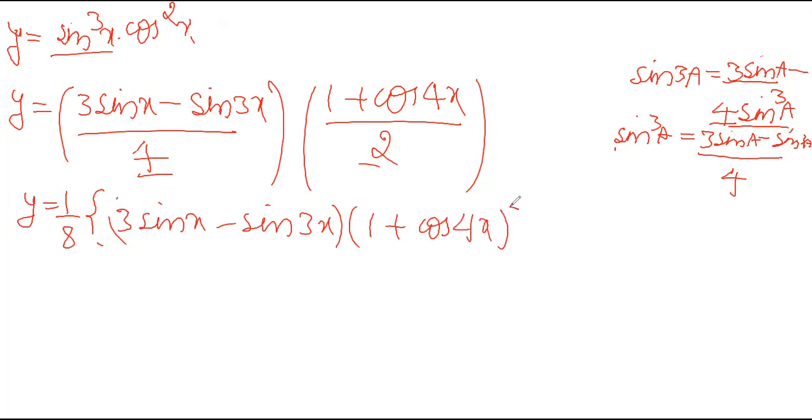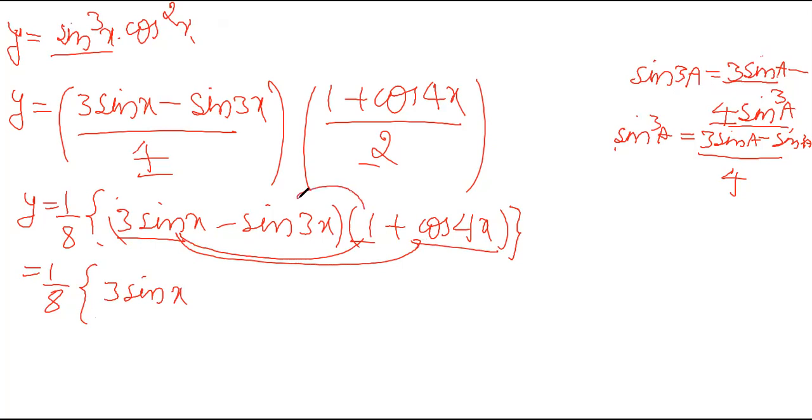After that you multiply first to second, second to first, second to second. I write here directly: 1 by 8 into 3 sin x into 1, that is 3 sin x. Then first to second multiplication, next second to first and second to second multiplication. I write here 3 sin x plus 3 cos 4x into sin x.